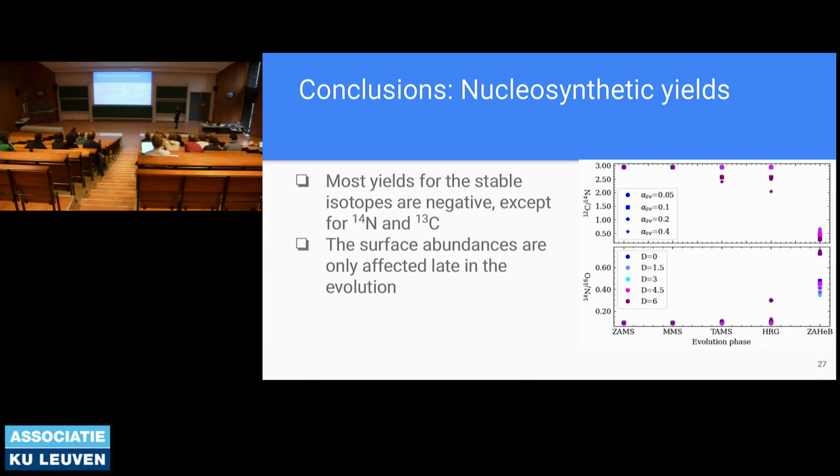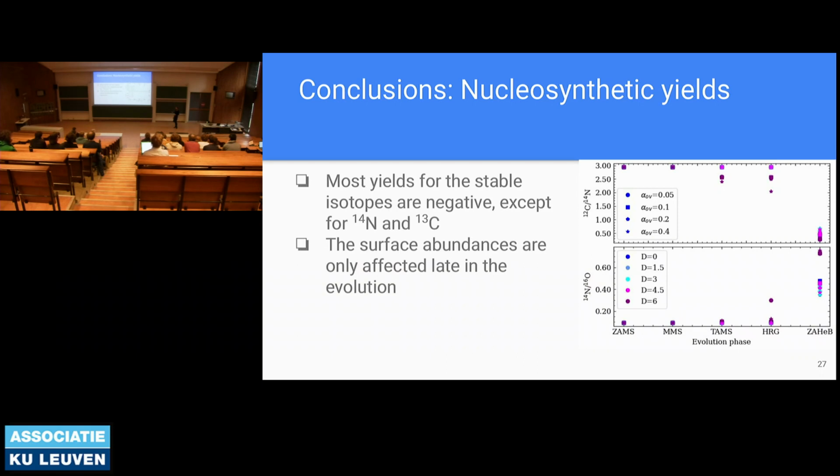So when we look at the stable isotopes of the CNO cycle, we find that most yields are actually negative, except for nitrogen-14 and carbon-13. And also our surface abundances are only affected very late in the evolution. So here is the carbon to nitrogen ratio and the nitrogen to oxygen ratio given for different evolutionary stages.